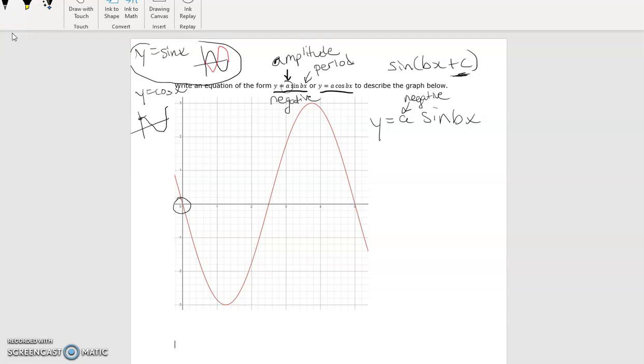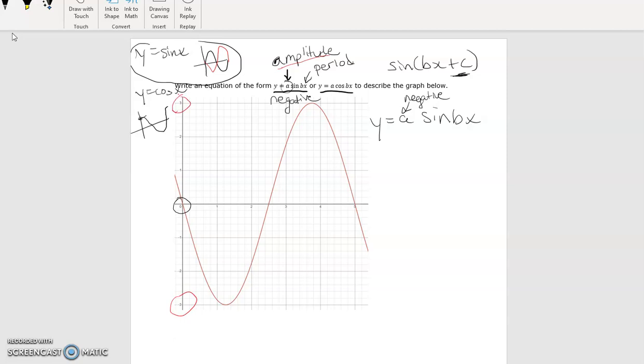Now, as I mentioned, the other thing that the a does is it affects the amplitude. So notice that instead of going down to -1, the typical minimum for a sine graph, this thing's going all the way down to -3. And then when it hits the maximum, that maximum value is +3.